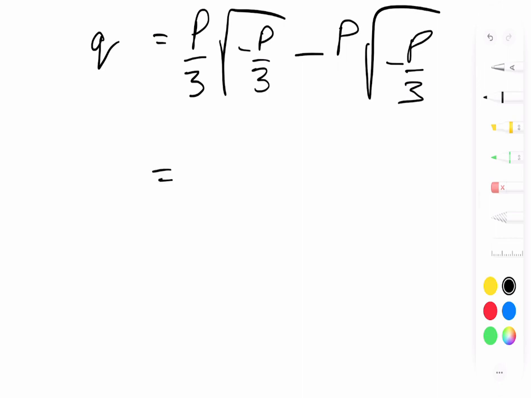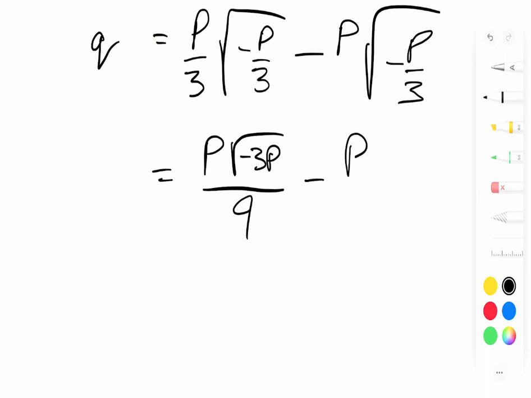And that will give me p times the square root of minus 3p over 9 minus p times the square root of minus 3p over 3. And what I'm going to do is change that to a 9 and multiply this by 3.